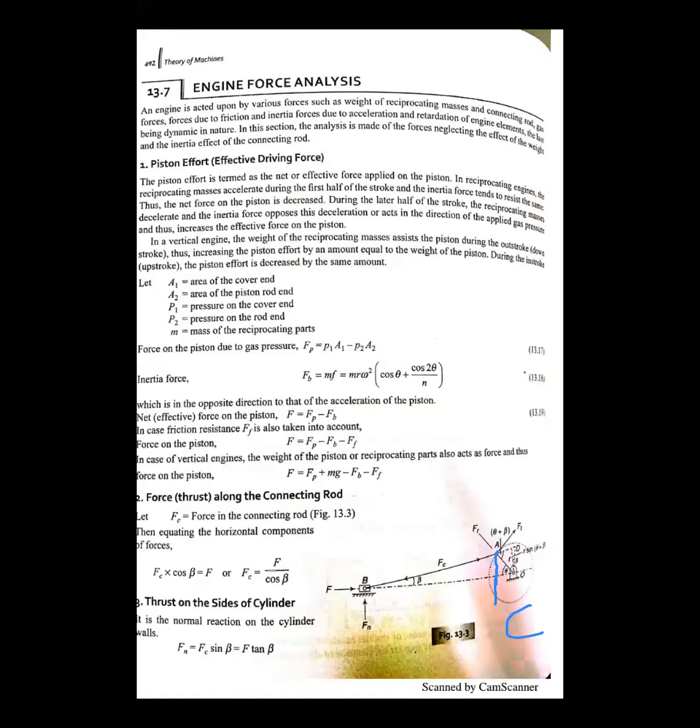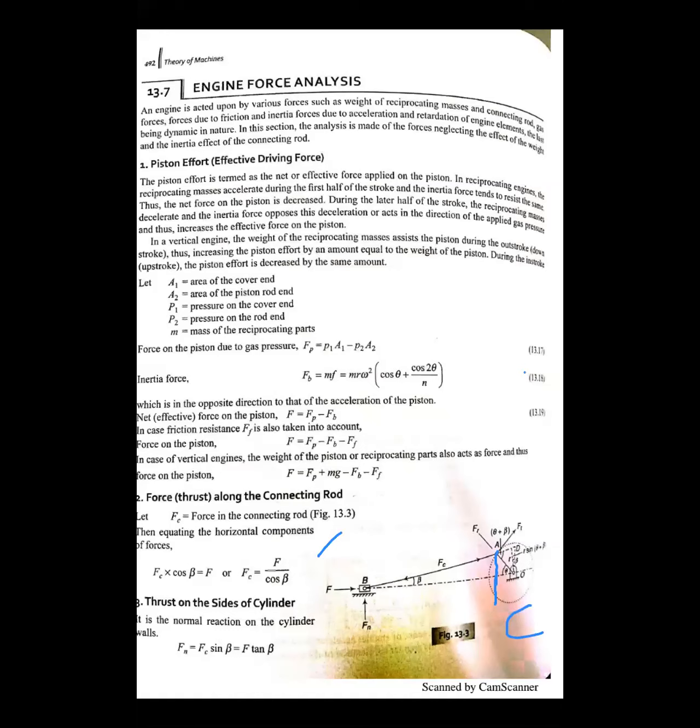From triangle ABC, Fc cos beta equals F. So that is also written as Fc equals F by cos beta. How do we write Fc cos beta equals F?